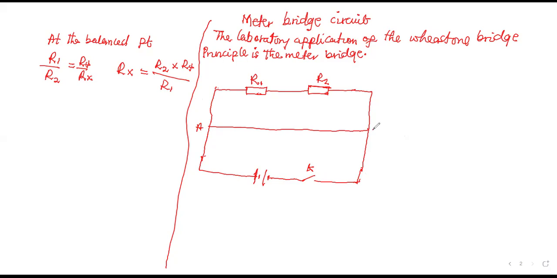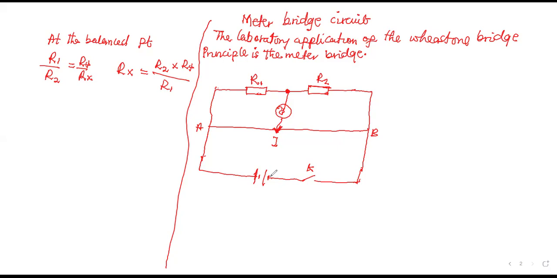A, B of length 100 centimeter or 1 meter. A galvanometer is connected at a point. Then connected to the galvanometer is a jockey.